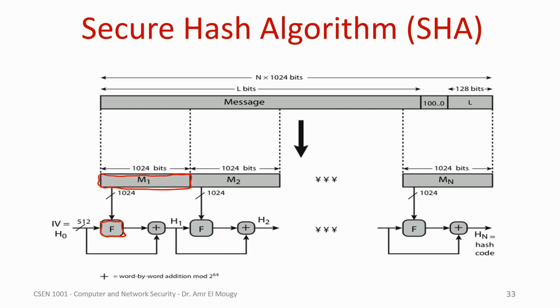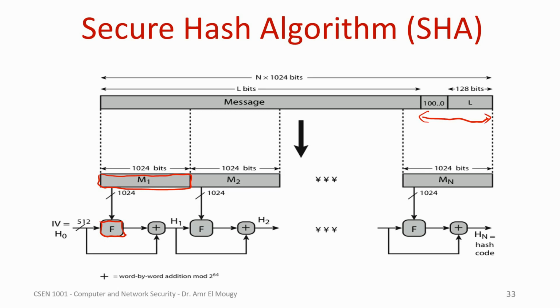You divide the message into blocks of size 1024, and if the last block is not a multiple of 1024, you add what are called padding bits. You just add dummy, constant values at the end to fill in the last 1024-bit block.